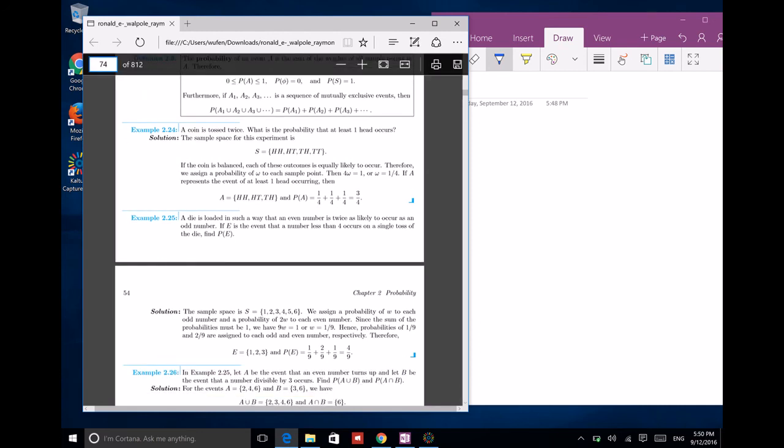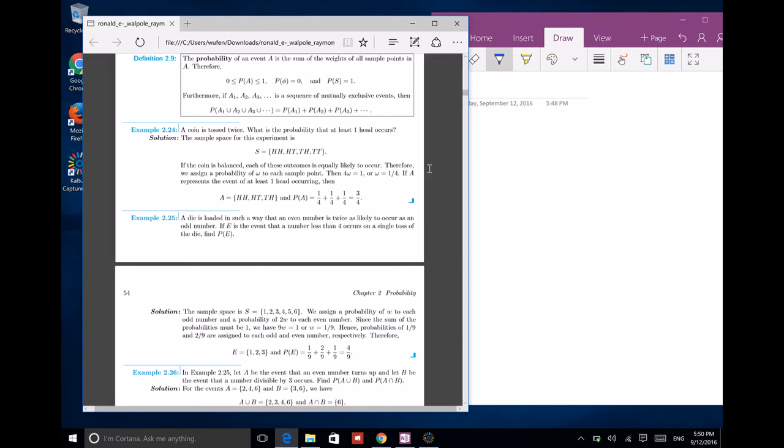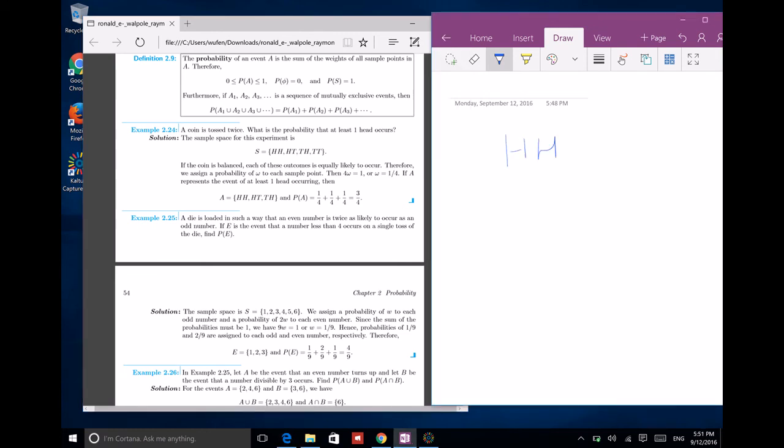Okay. Let's look at this one. A coin is tossed twice. What is the probability that at least one head occurs? It could be head, head; head, tail; or tail, head. That's all the three options with at least one head.